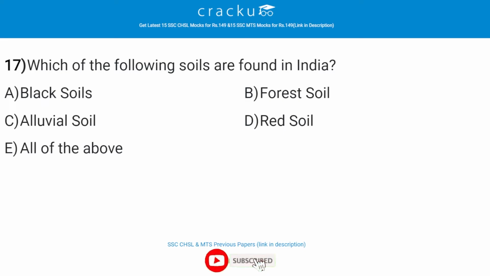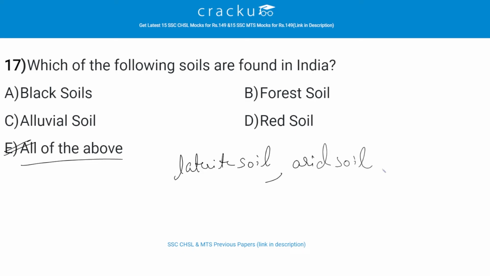Which of the following soils are found in India? The correct answer is E, that is all of the above. Means we will find black soil, forest soil, alluvial soil, red soil. So, there are a total of 7 types of soil deposits in India, and they are, the first one is alluvial soil, then black soil, then red soil, then laterite soil, then arid soil, forest and mountain soil and marsh soil.